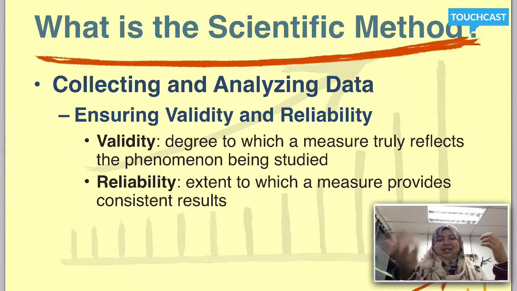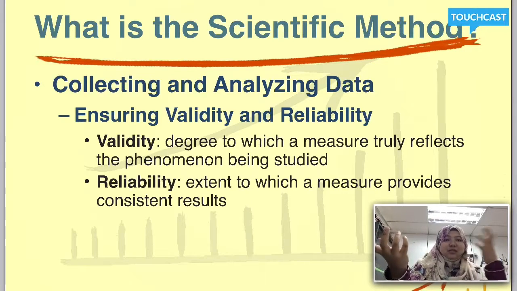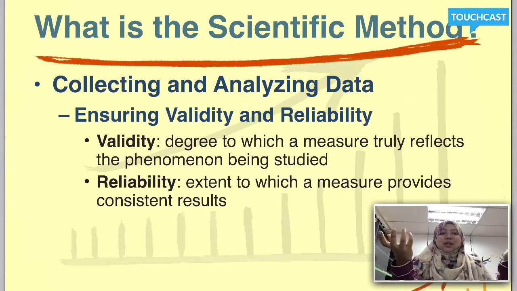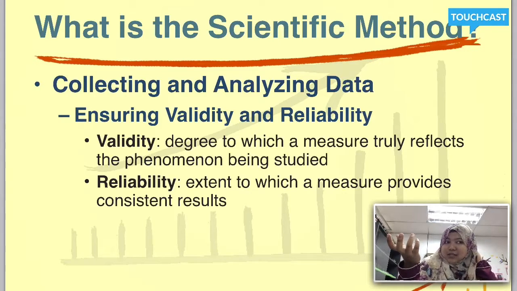Okay, so reliability means that if you do research in Kuala Lumpur, for example, and then you test the same place again after 5 years, and the result is the same, a consistent result, it means it's reliable.